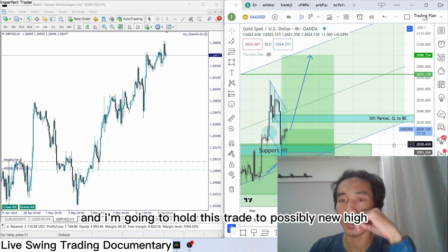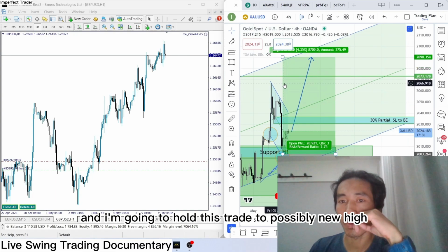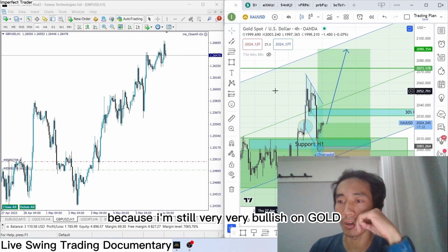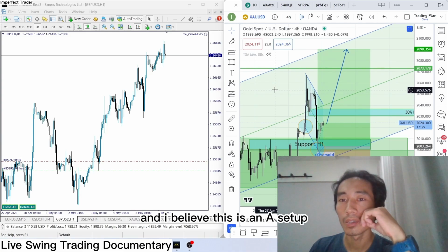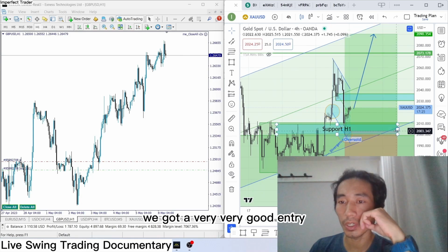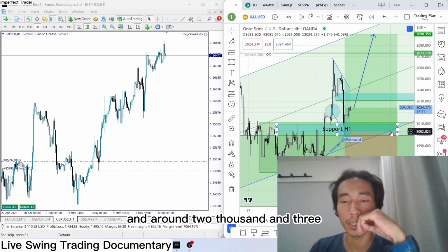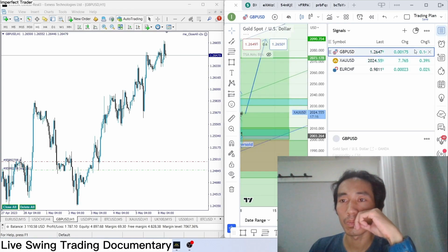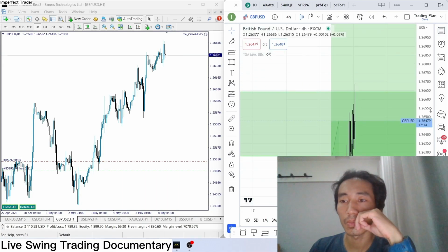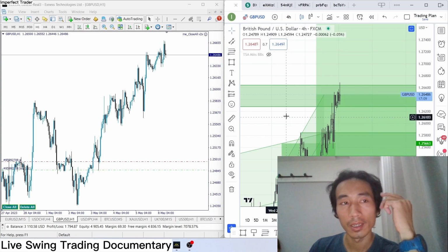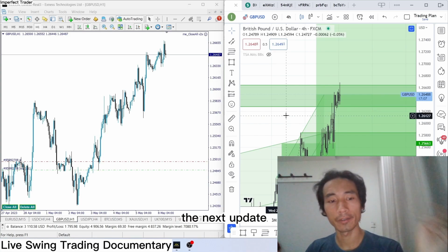And I'm going to hold this trade to possibly a new high because I'm still very bullish on gold. We got a very good entry right at the bottom of this wick at around 2003. So far everything is still pretty much the same. So I think I'm going to see you on the next update.